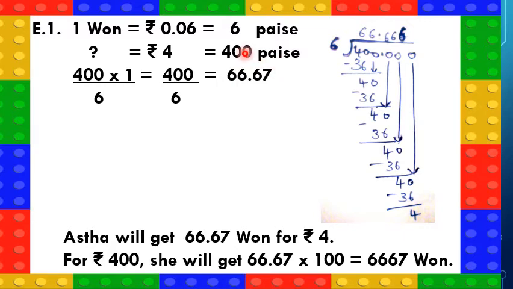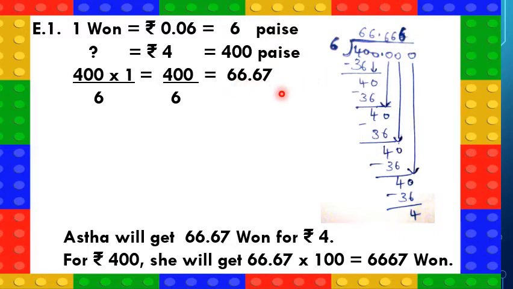Children, we will cross multiply 400 and 1 and then divide them by 6 paise. So we get 400 divided by 6. Let's divide and see. 400 divided by 6 gives 66.666. Rounding it up to 2 places after decimal point, we get 66.67.